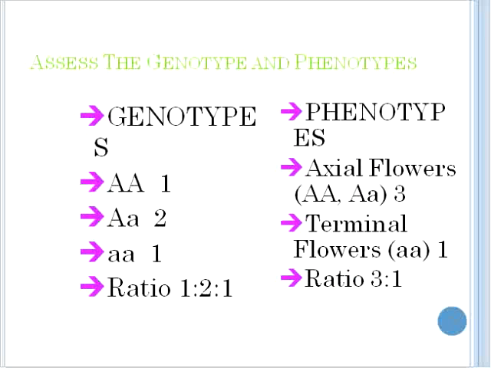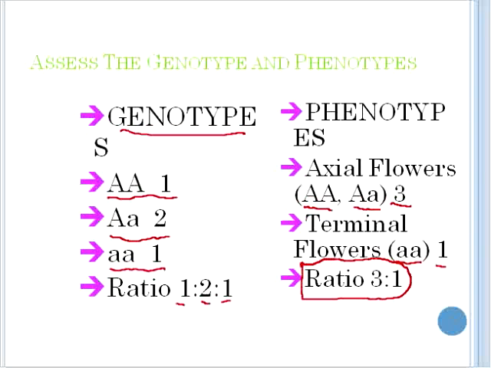The genotypic ratio is 1 homozygous dominant, 2 heterozygous, 1 homozygous recessive, for a 1:2:1 genotypic ratio. As for the phenotypic ratio, it is 3 axial, the homozygous dominant plus heterozygous, and one terminal, the homozygous recessive, for a phenotypic ratio of 3 to 1.